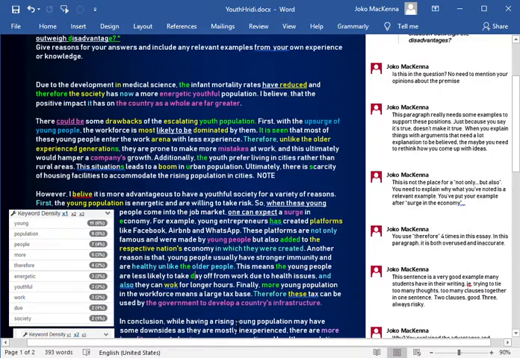So larger tax base does not mean, because there's a larger tax base, the tax can be used by the government to develop a country's infrastructure. That's not a consequence of a large tax base. It's just a proposal for what they could do with it. What does it have to do with the question? Nothing. So here, you've not kind of supported this.